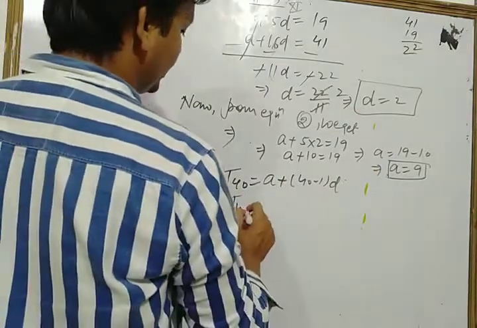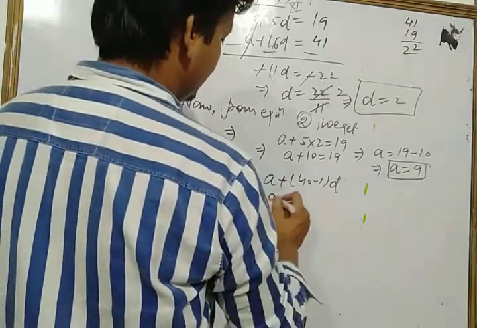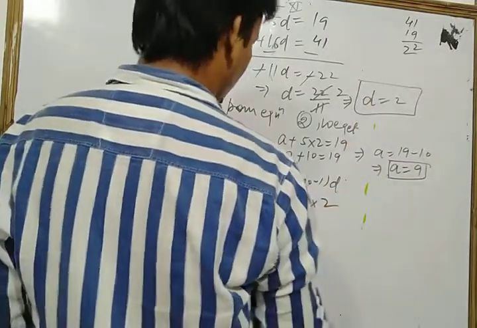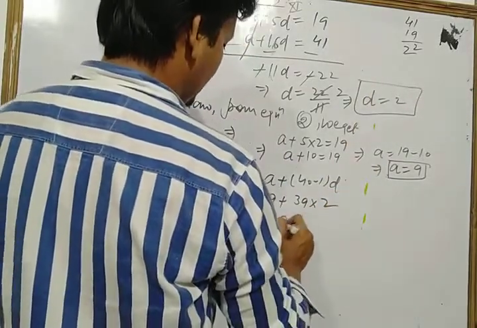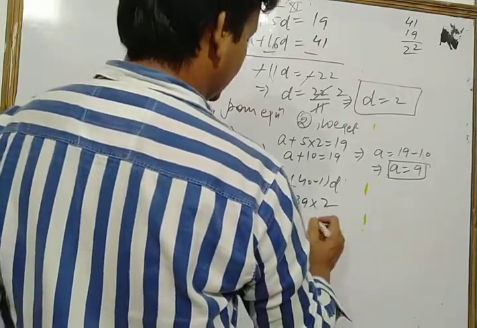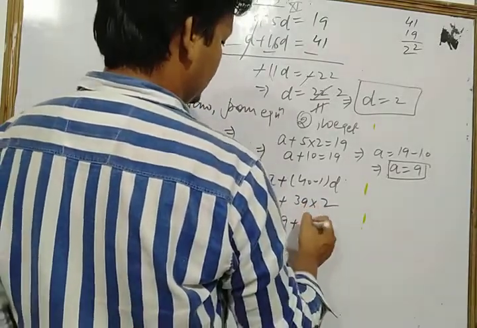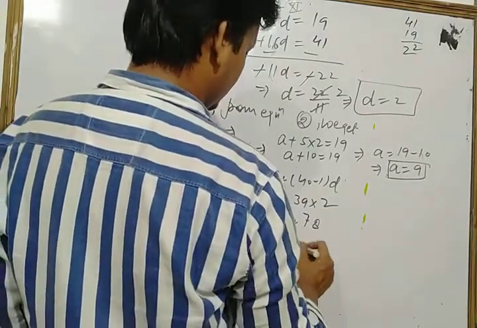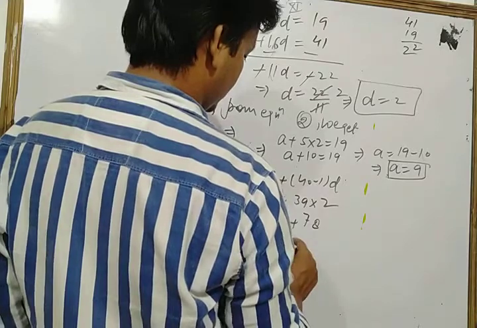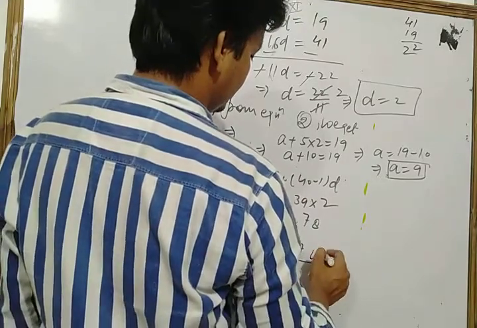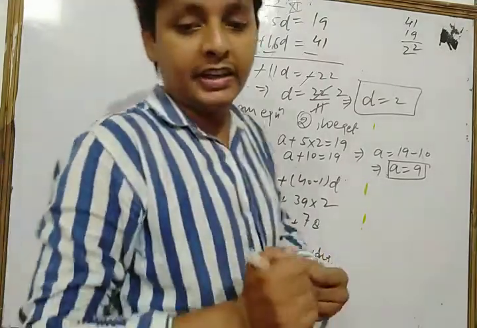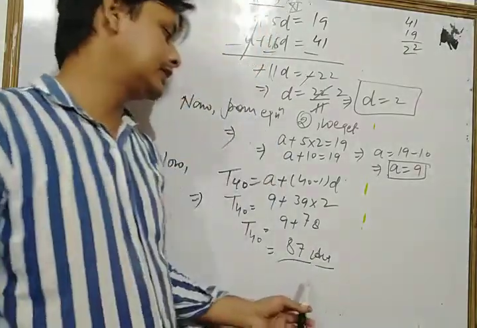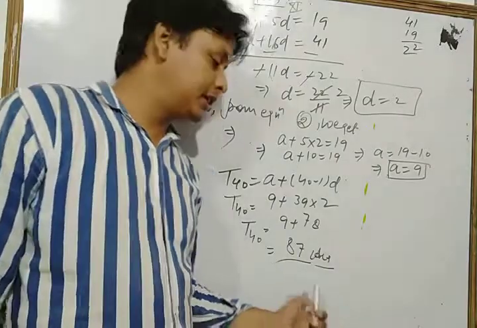So T40 is equal to 9 plus 39 into 2, so T40 is equal to 9 plus 78, that is 87. Right answer. So dear students, the 40th term of this AP is 87.